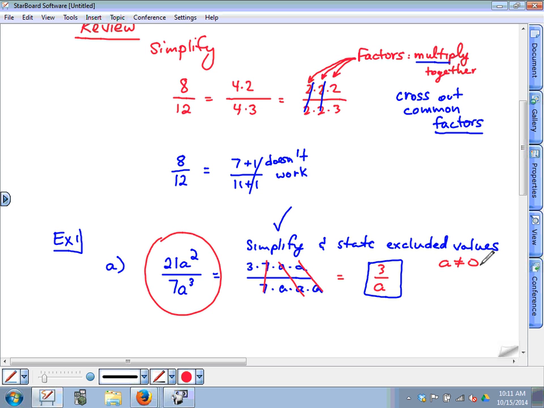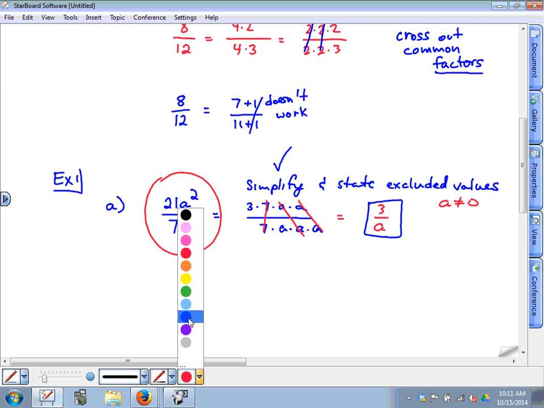Let's do the second one there, part B. 18d squared over 4d plus 8. Here's what a lot of students try. I want you to stop writing for just a second. I see a lot of students do this.